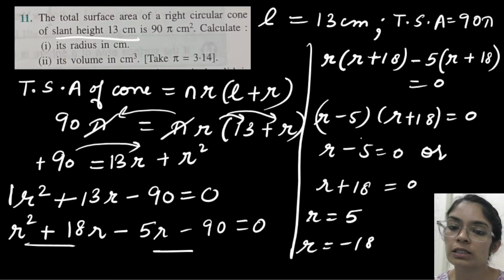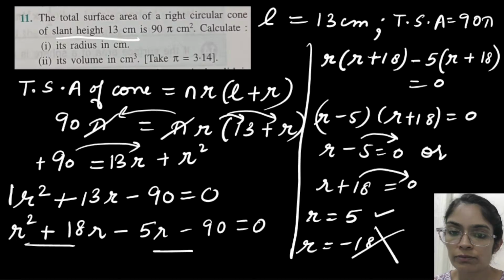One value of r you will get is positive 5, another is negative 18. We don't accept the negative value of r, so r equals 5.